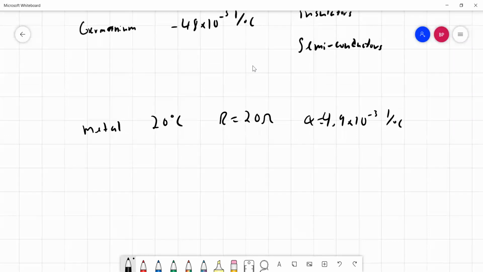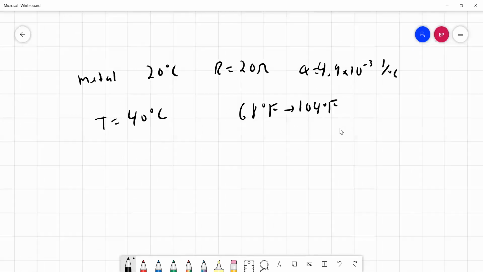And let's say that our temperature increases to 40 degrees Celsius. So first off, this is a huge jump. Just for reference, in Fahrenheit, this is like going from 68 degrees Fahrenheit to 104 degrees Fahrenheit. So a huge jump in temperature here. And so let's see how much the resistance actually changes.